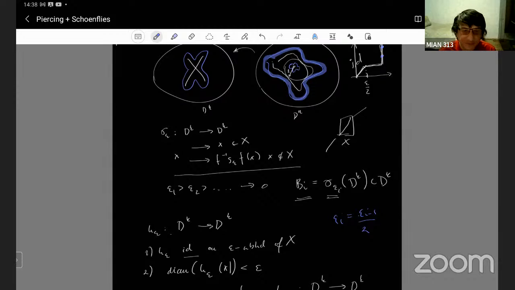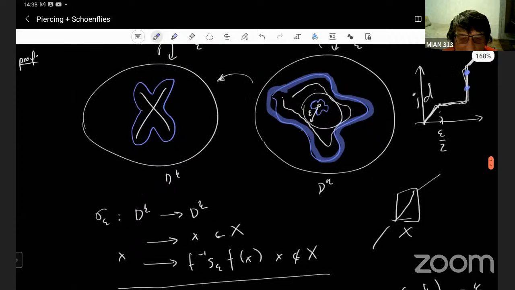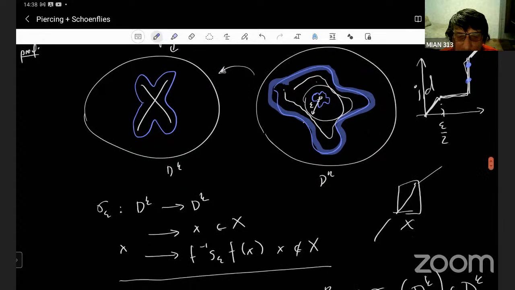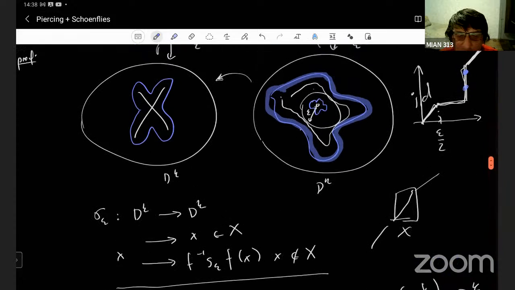But then, in your picture, this big blue set is squeezed into the small blue set. Yes. And suppose for example epsilon 0 could be the diameter of the big blue set. But then we want epsilon 1 to be so small that the ball of radius epsilon 1 is contained in the small blue set, not just in the big blue set.